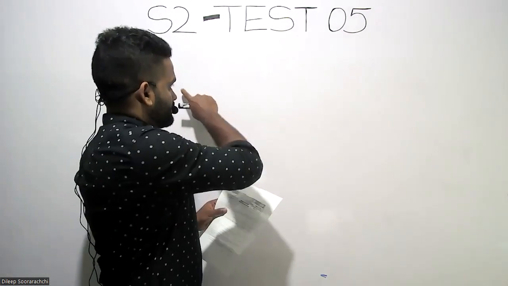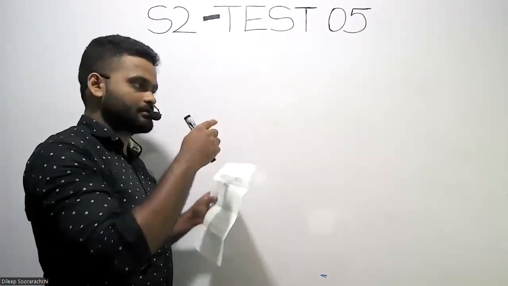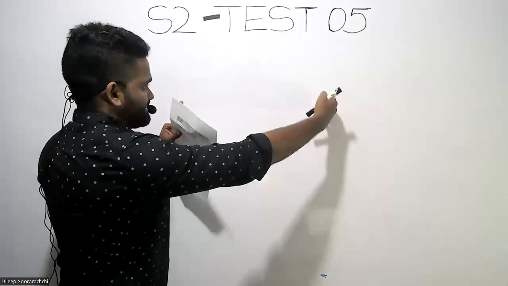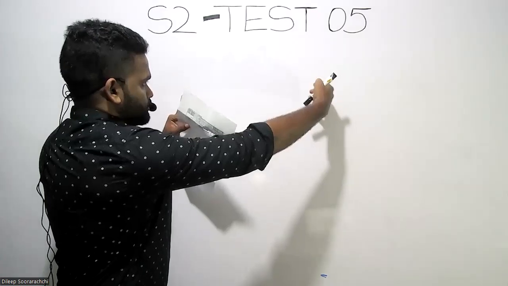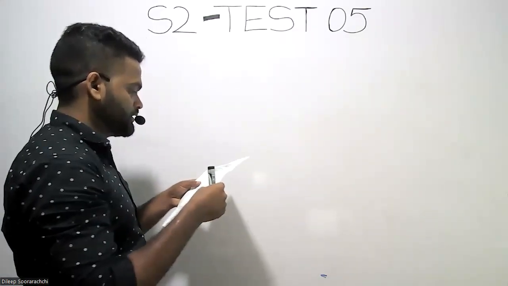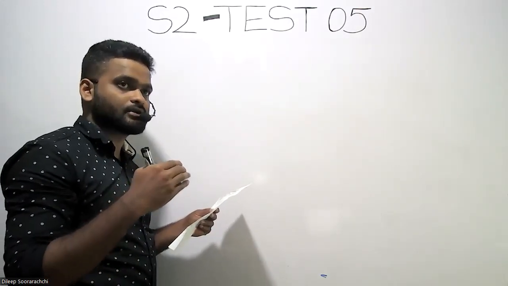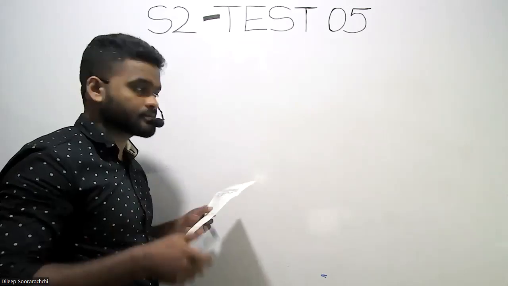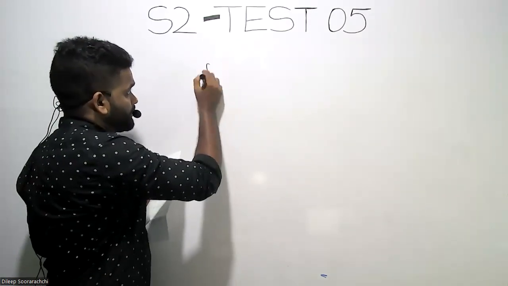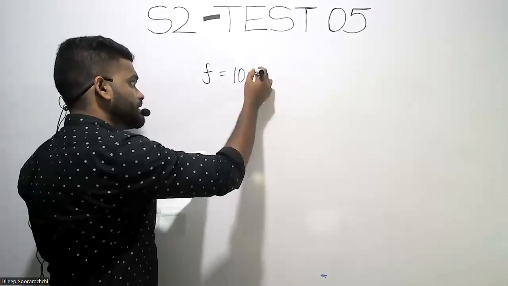We know that when making standing waves, it's a result of superposition of two progressive waves. So the frequency of the standing wave also will be the frequency of the progressive waves. Now we know the frequency of the standing wave, that is 100 Hz.